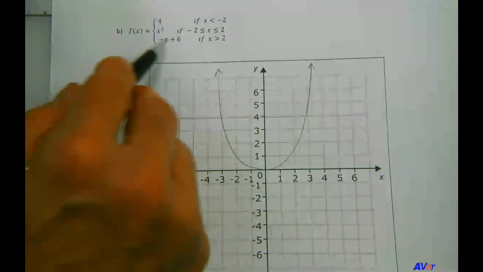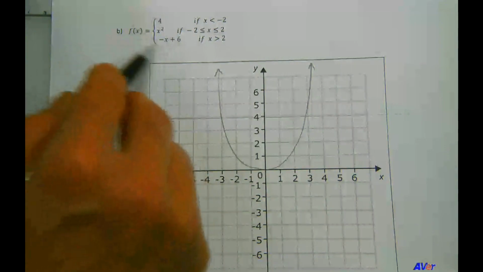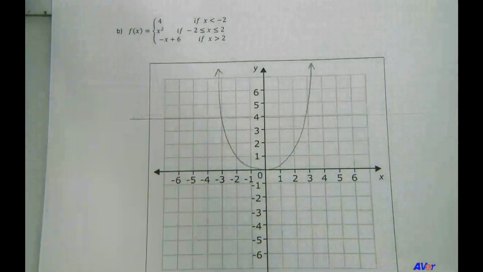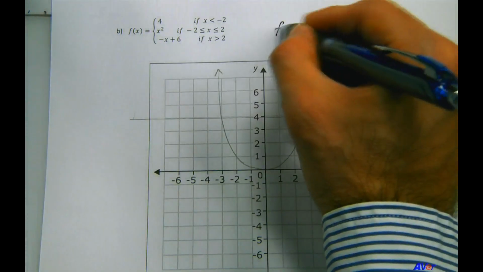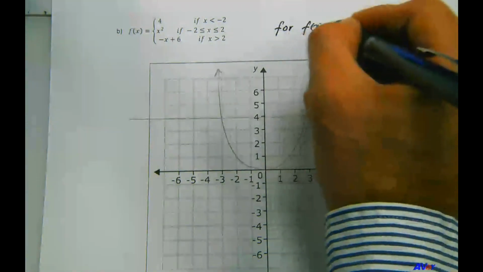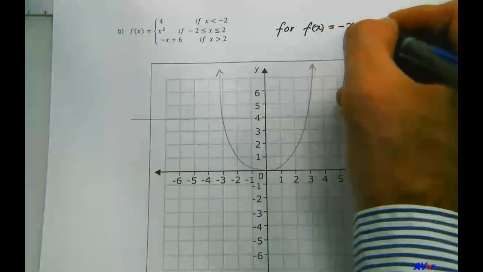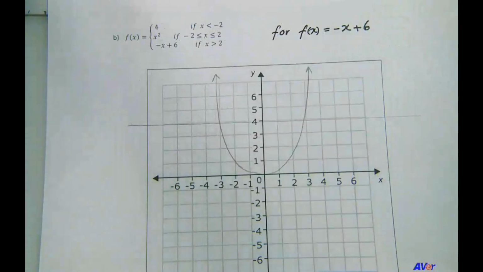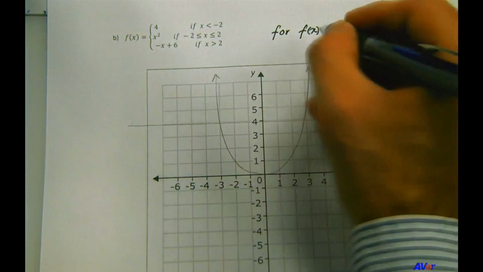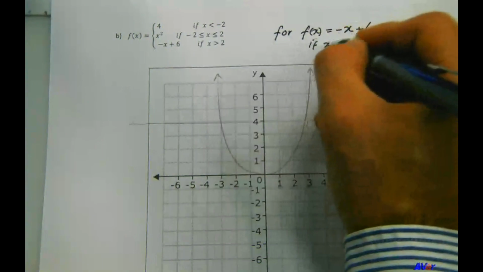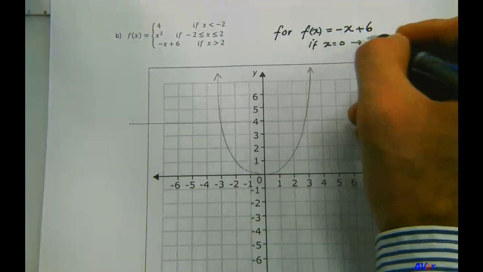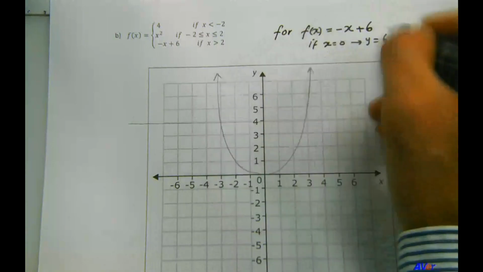And we are left with that. That's a linear piece, linear equation, right? f of x equals minus x plus 6. It's a straight line. So let's identify where the x and y intercepts are for that one. For f of x equals minus x plus 6, if x equals 0, then y or f of x equals 6.